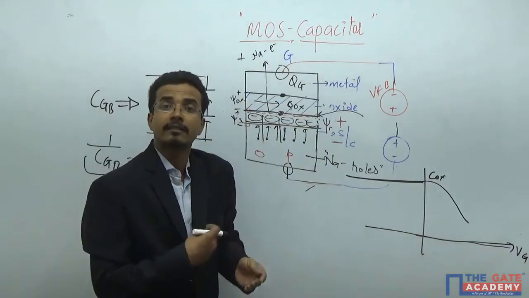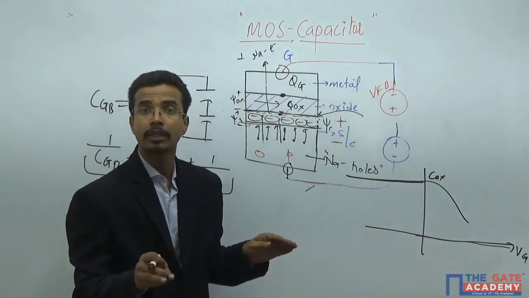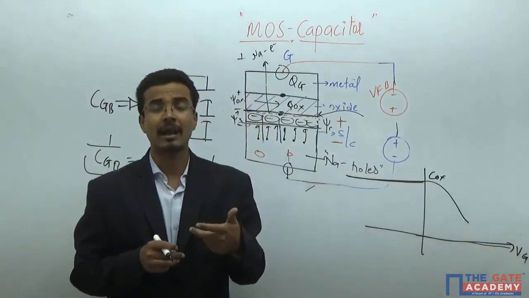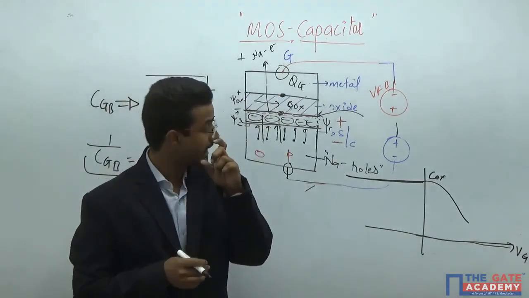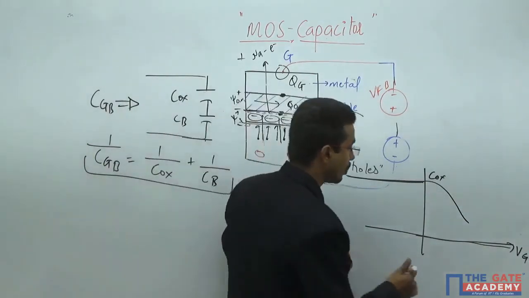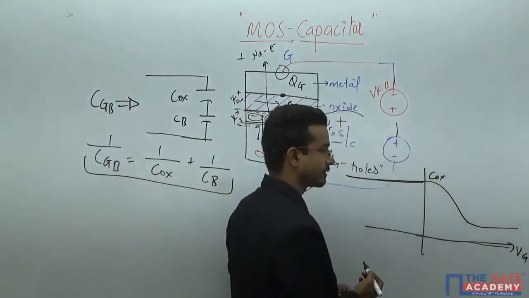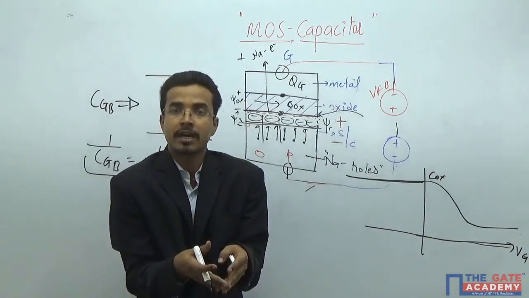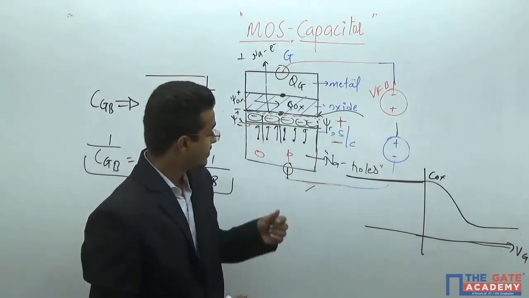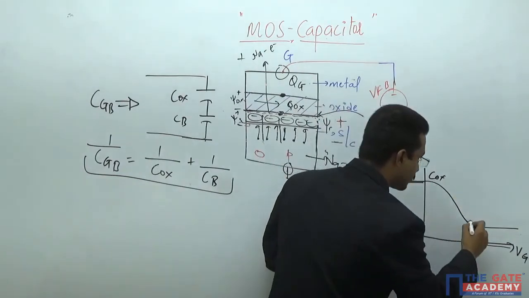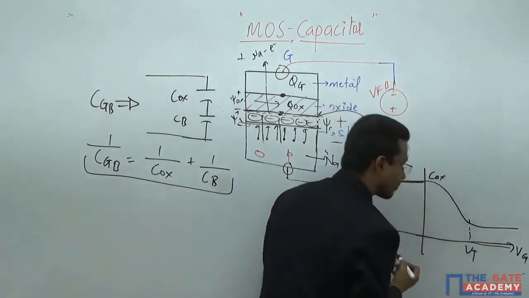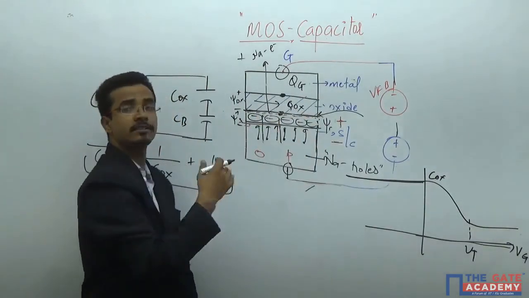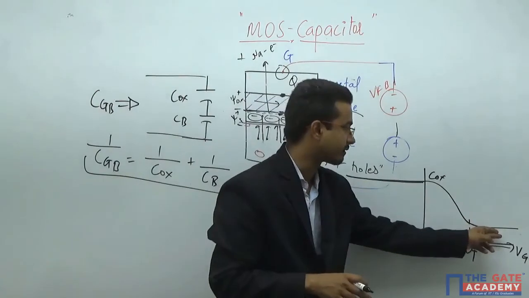And if the inversion charges are coming into the picture, they will never contribute in the capacitances, because to get the capacitance, only immobile charge carriers are responsible. So after some voltage you will get this. And at which voltage will you get a huge number of inversion charges? After VT. That means this value will keep on decreasing up to VT, threshold voltage. After this, the participation of these red color inversion charges will not affect the total capacitance.